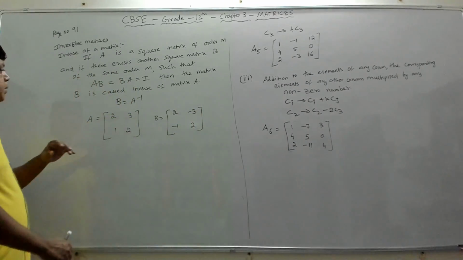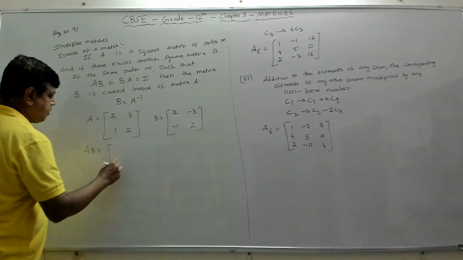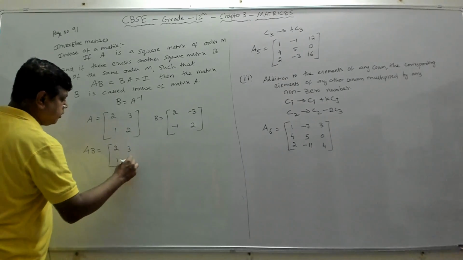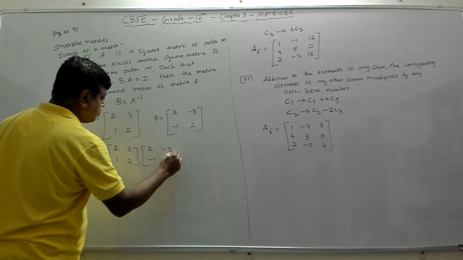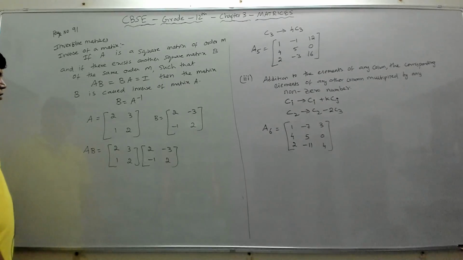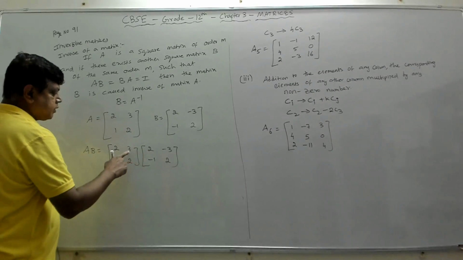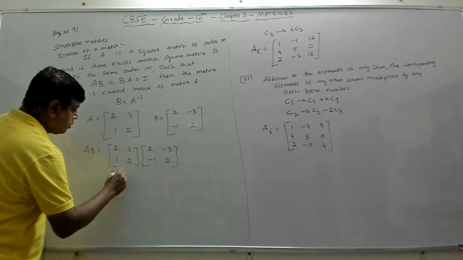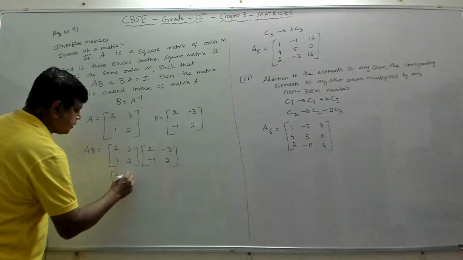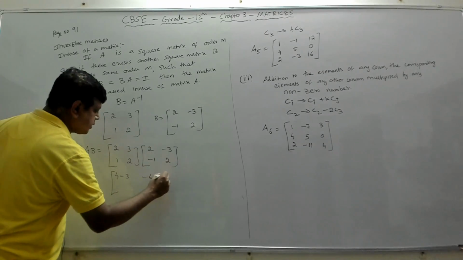Now let's try to multiply these two matrices. What is AB? A is [2, 3; 1, 2] multiplied with [2, -3; -1, 2]. If you multiply this, what do we get? 2 into 2 is 4, plus 3 into minus 1 is minus 3. Then 2 into minus 3 is minus 6, 3 into 2 is plus 6.